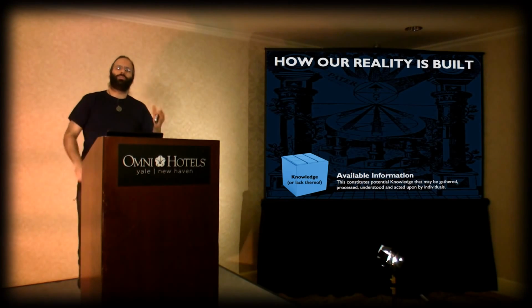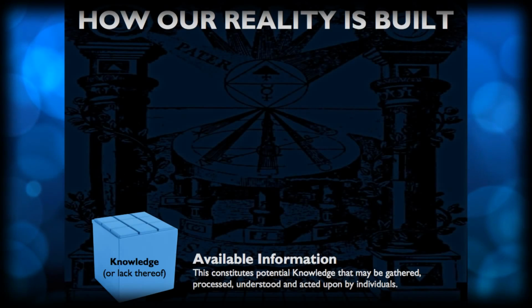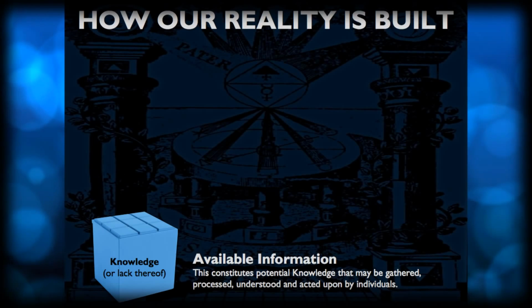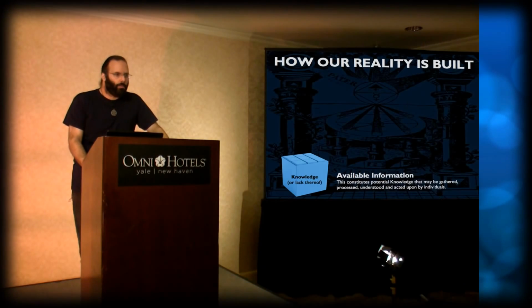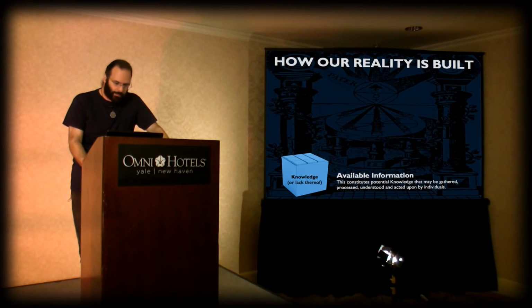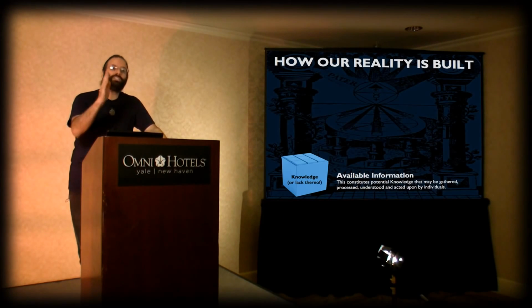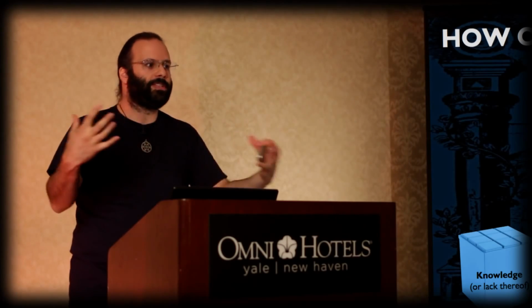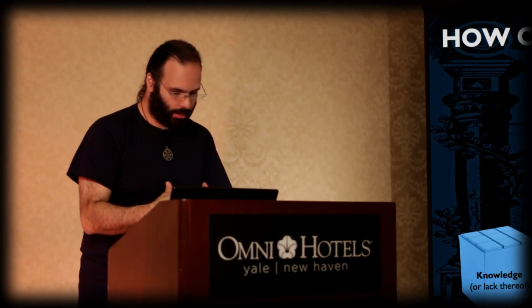So we start with available information. And when people look at what I'm going to describe here, they will recognize it as something. And I'll hold what that is for a moment. Available information is what you're starting with. This constitutes potential knowledge. And it can become knowledge if it's taken in, if it's amassed, if it's aggregated. Okay?